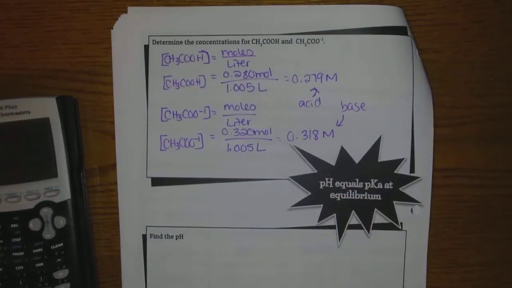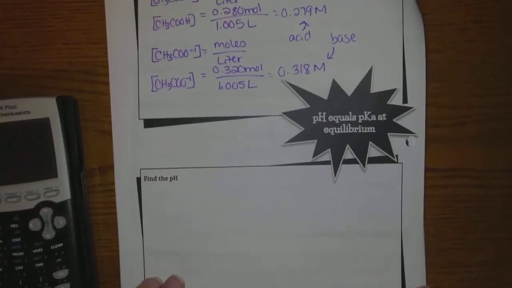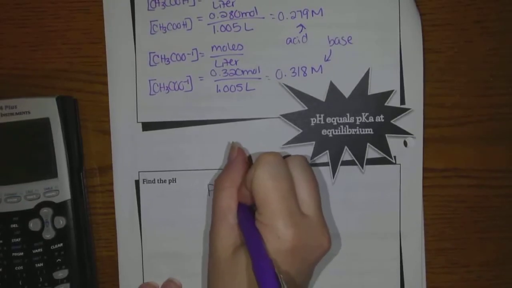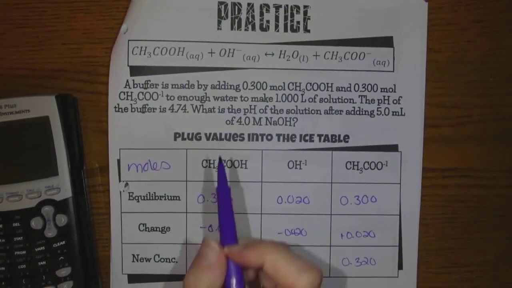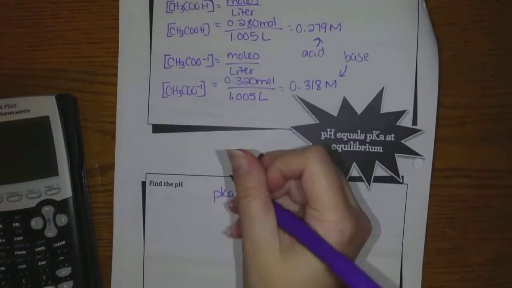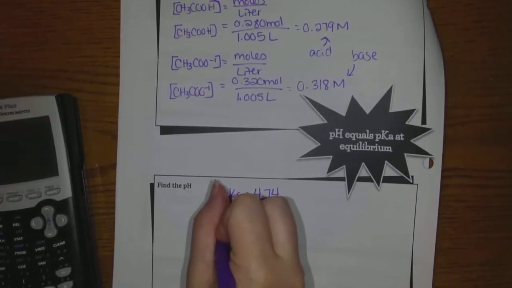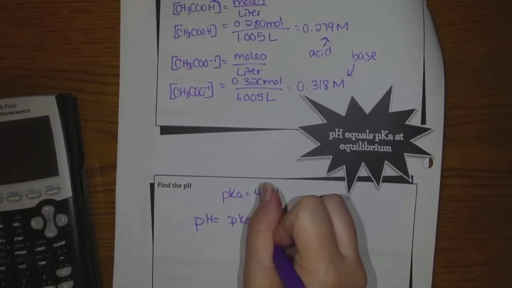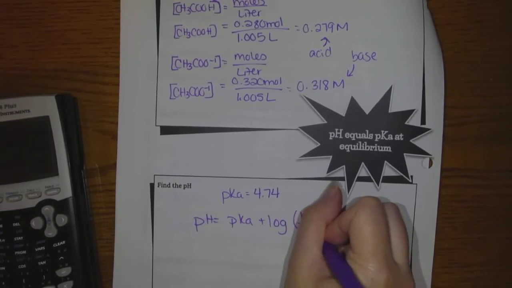So now we can use the Henderson-Hasselbalch equation because we know what our pKa is. Our pKa from our question, because remember we assumed that the pH given is at equilibrium, is 4.74. So we're going to put in pH is equal to the pKa plus the log of base over acid.